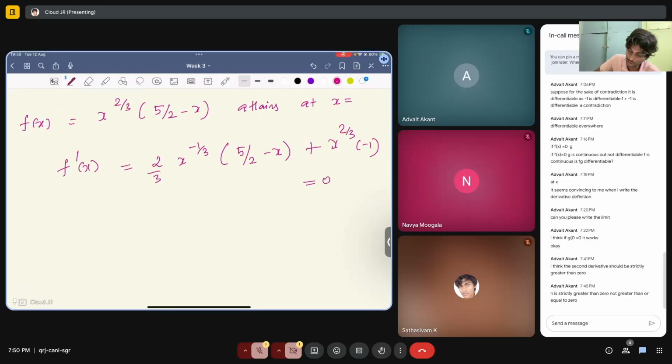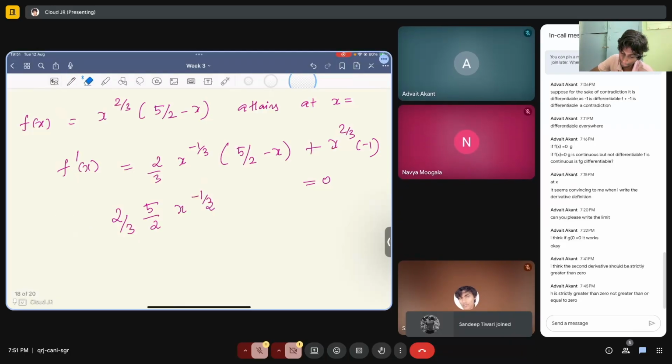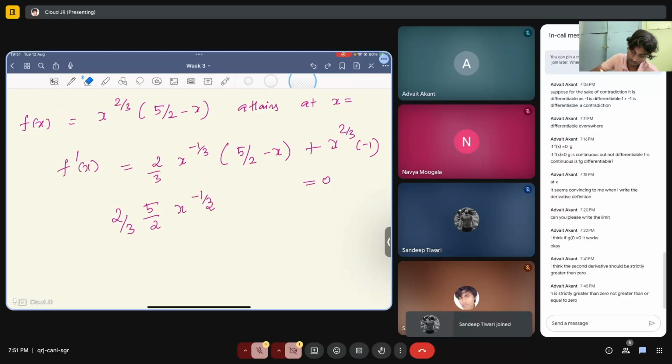Okay, and I want to set this as 0. If you look, this is not a polynomial function, so you cannot use minus b plus or minus square root of b square minus 4ac by 2a. So we have to do something else. So let's see. This is 2 by 3 into 5 by 2 x power minus 1 by 3, minus 2 by 3 x power 2 by 3.